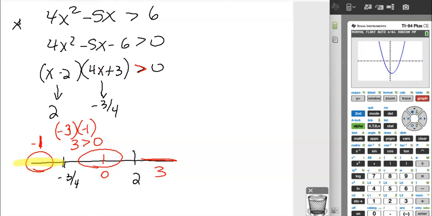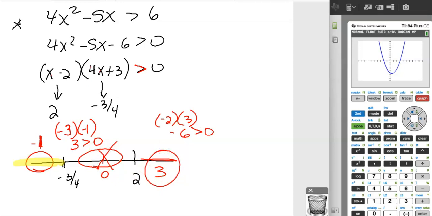Now, if I try another number, this middle section, 0, if I put 0 into those spots, you're going to get a negative number and a positive number, which is going to give me a negative 6, and that's not greater than 0, so this section does not work. And then we're going to try this section right here.